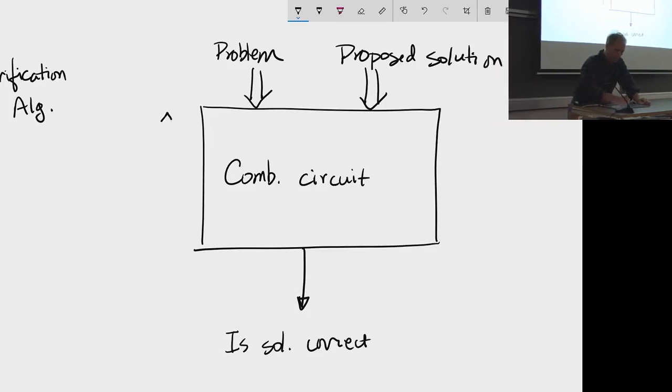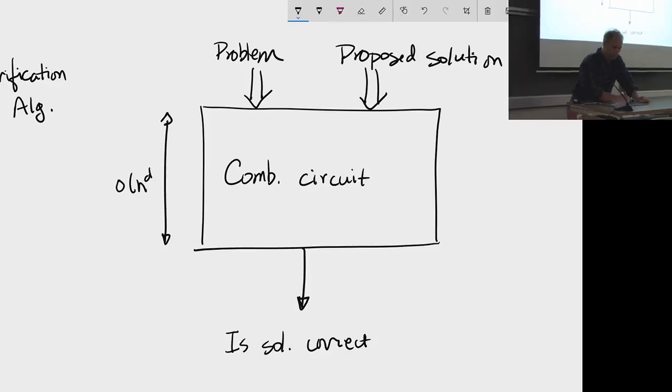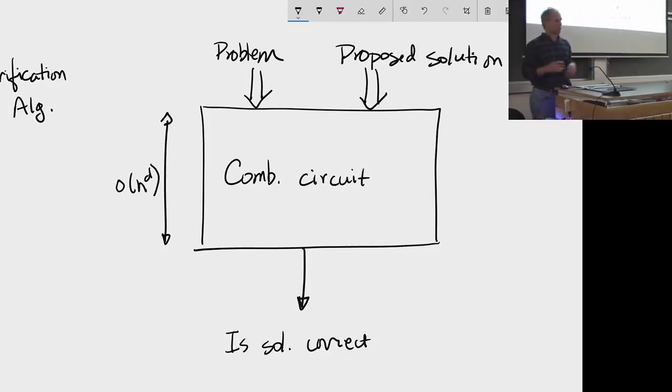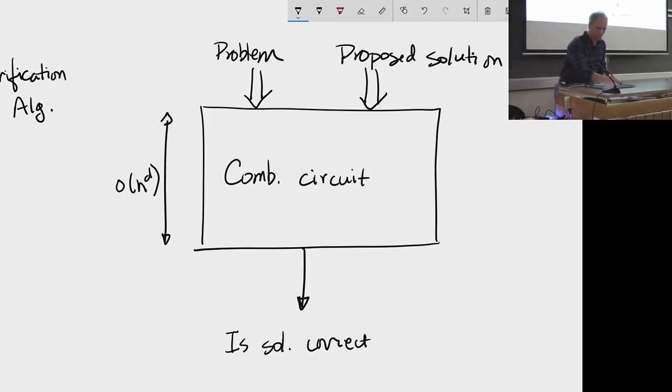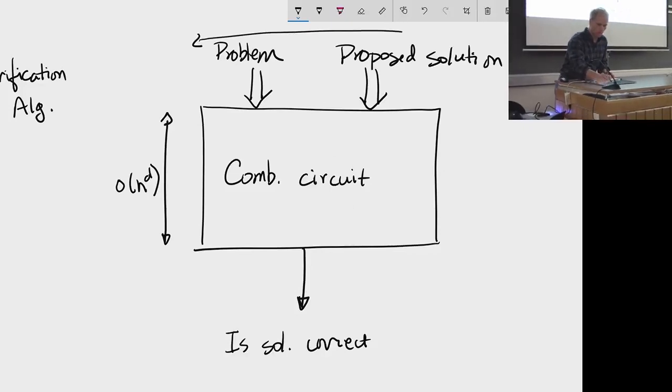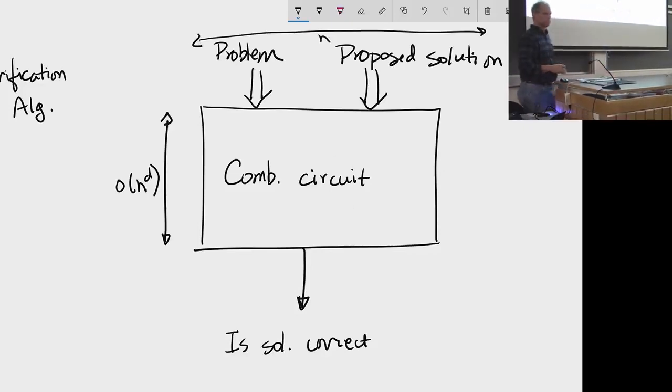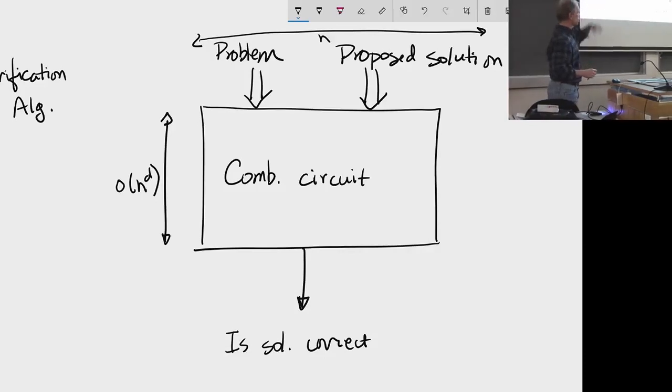The depth of this circuit is O of n to the d, where d is some constant and n is the input size, because we know the verification algorithm is polynomial time.